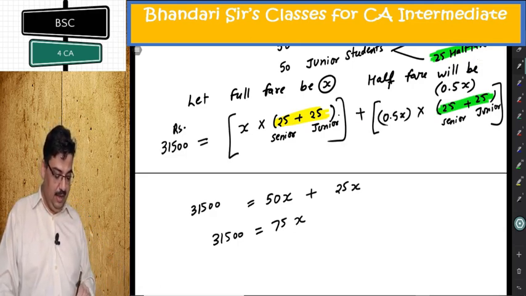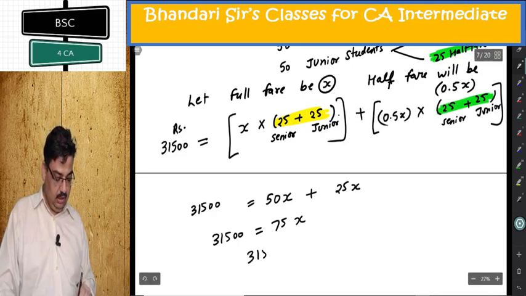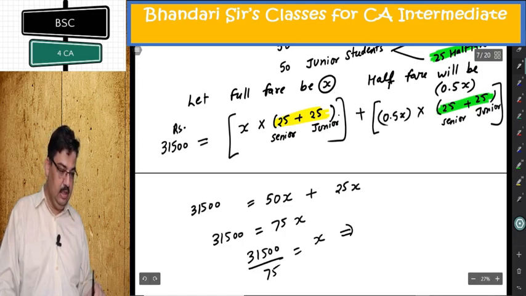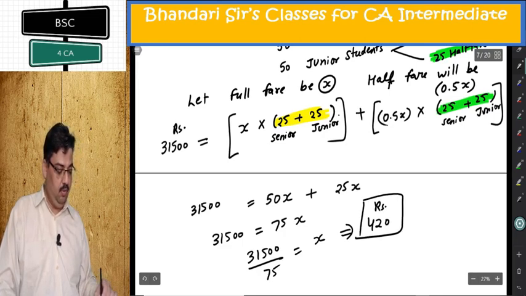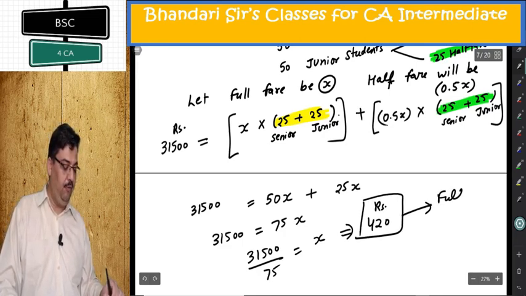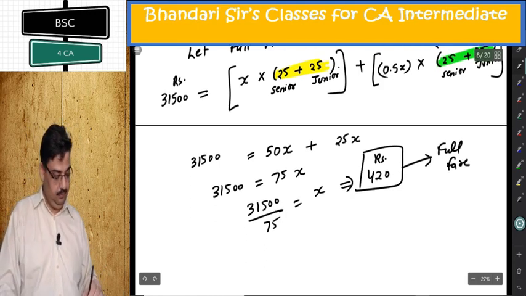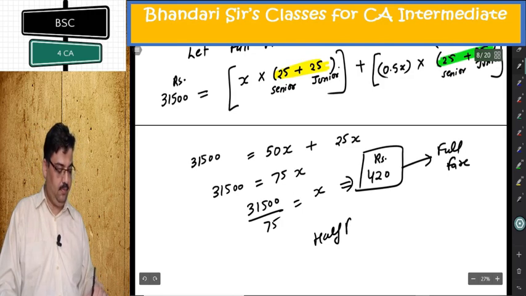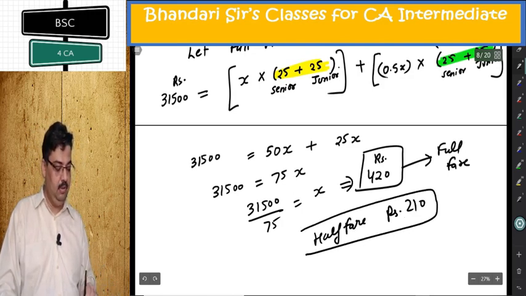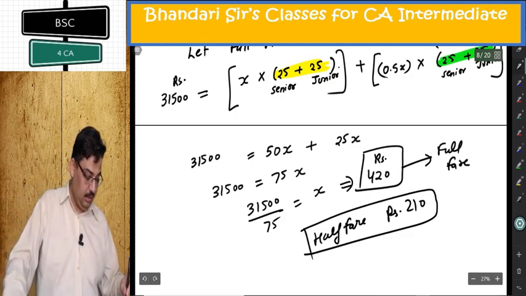So, if I divide 31,500 divided by 75 is equal to x, implies 420. This is full fare. What will be half fare? Rupees 210. Half of this, simple. So, this is my answer.